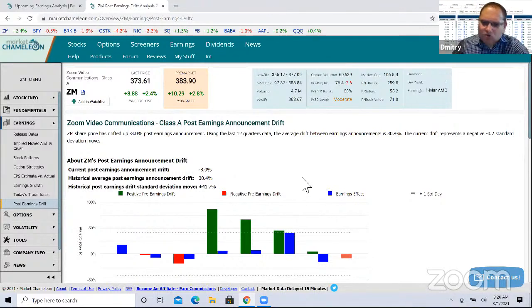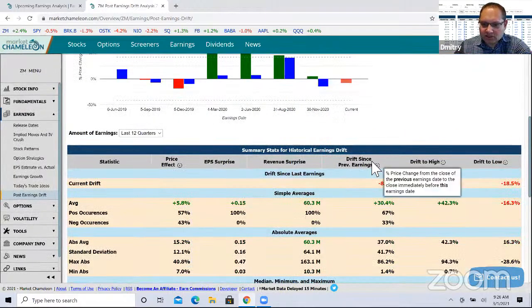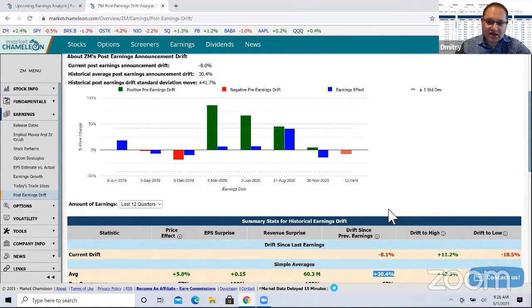So we don't have a long history. Again, this is not a long history, but this is what tended to happen in between earnings. So historically, in between earnings, the stock on average gained 30.4%. So that's after reporting earnings.